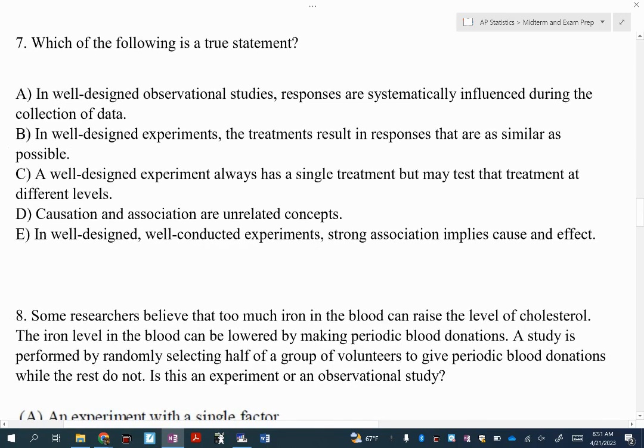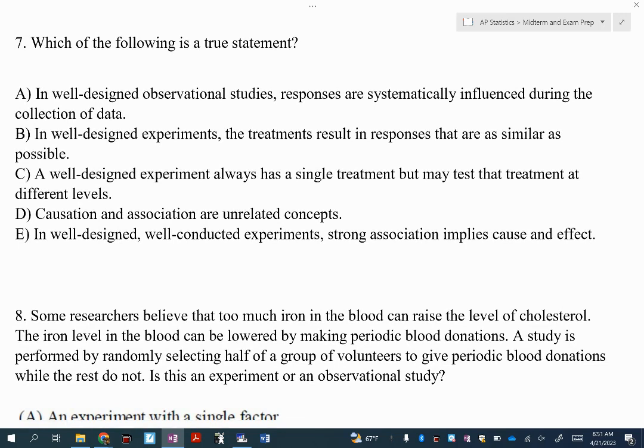All right, number 7. Which of the following is a true statement? You want to guess?